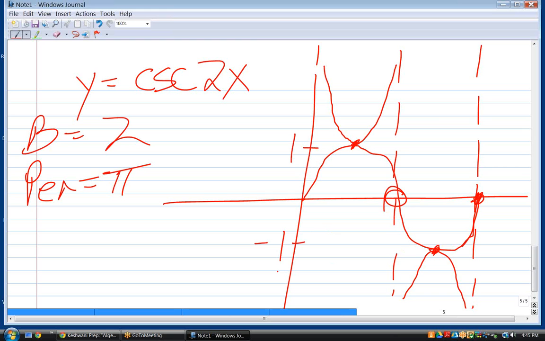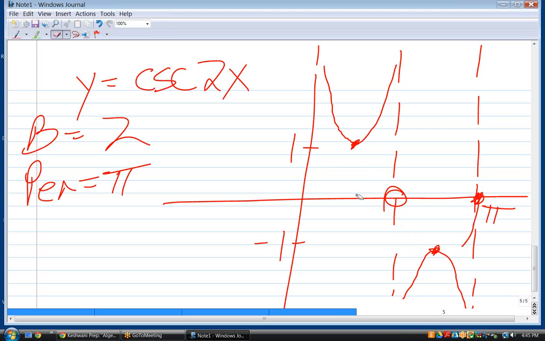And again, you don't have cosecant if sine is 0, because you would be dividing by 0. So I know that typically this would be 2 pi, but since this has a period of pi, I'm going to label that pi right there, not 2 pi.